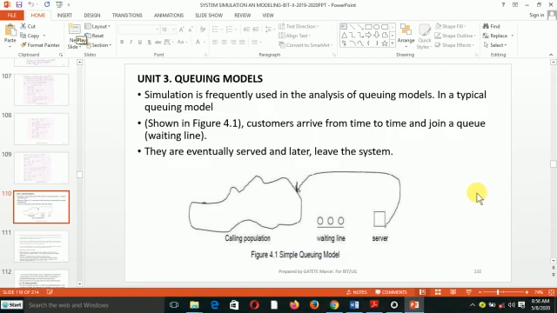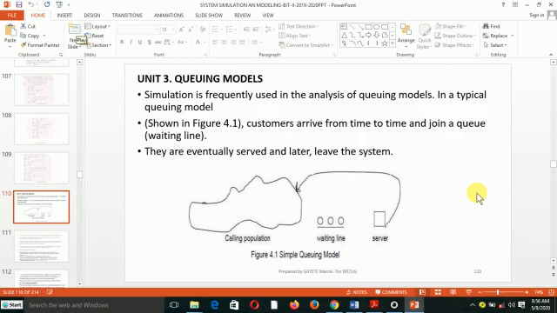So one of the service performance checking is the checking of queues. If the customer waits too long to be served, it will be a problem for you, because they will leave you.